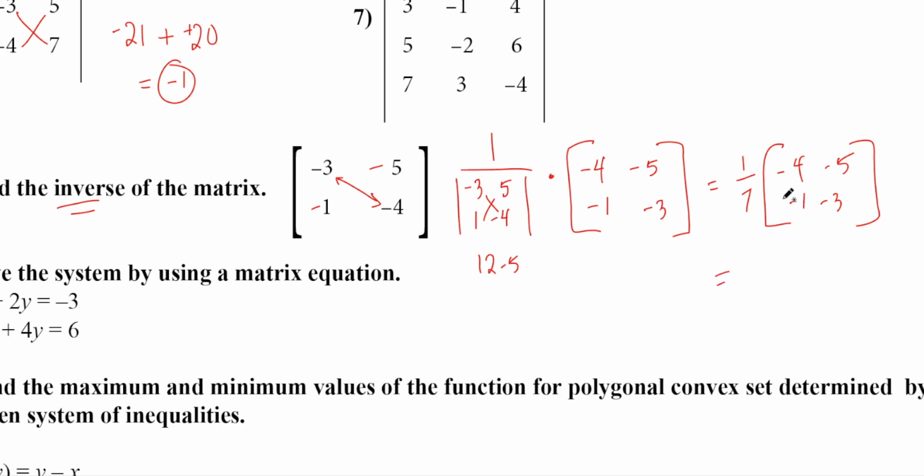It's easy to multiply by 1 over 7 because these are all integers. So what's that going to be? It's just -4/7. What's this? -5/7, -1/7, and -3/7. So that was the simple part. And again, it's going to be a matrix. That's the inverse of this.